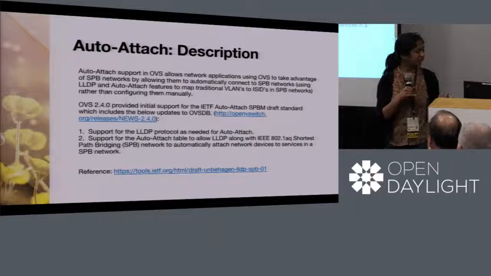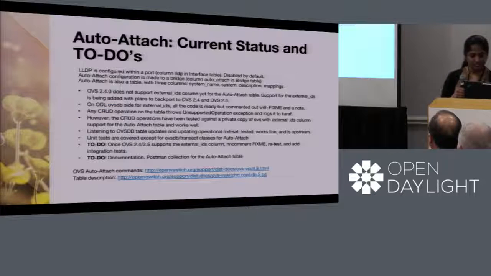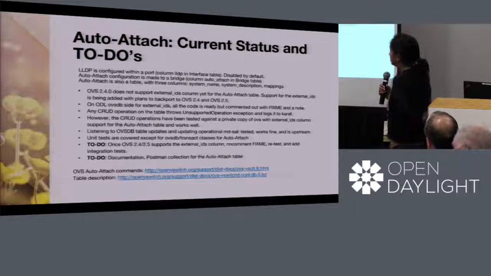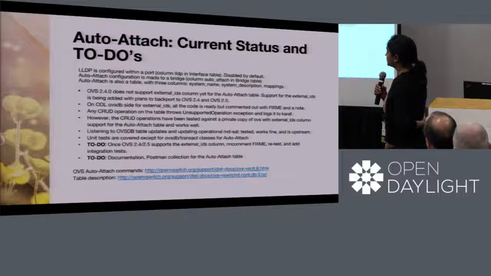There are two aspects to it. One is LLDP support, which is a column to the interface table, and the auto attach table in itself, which is also a column to the bridge table.